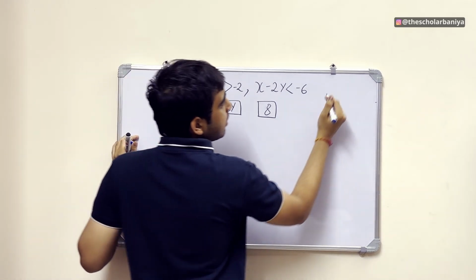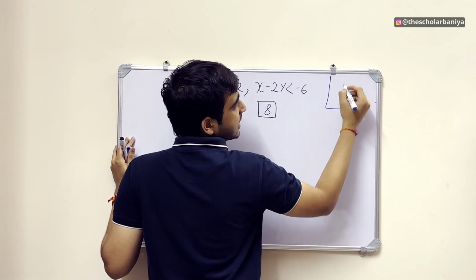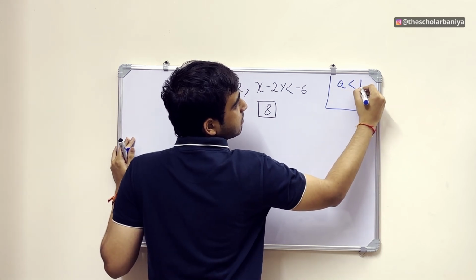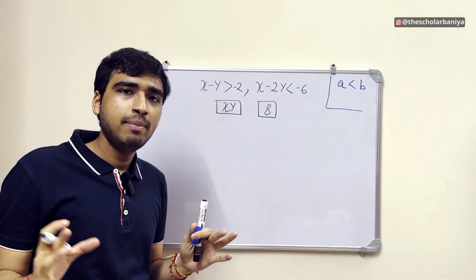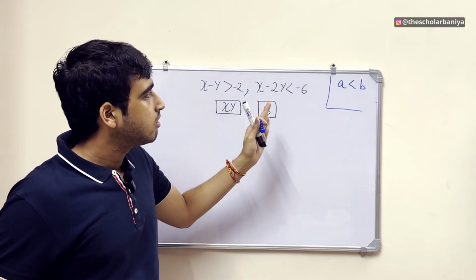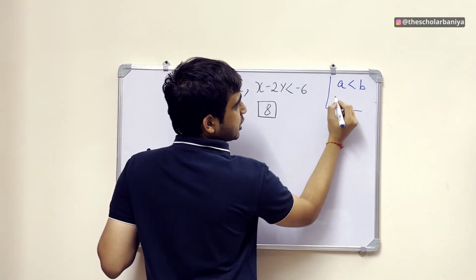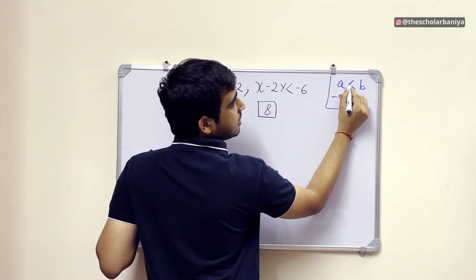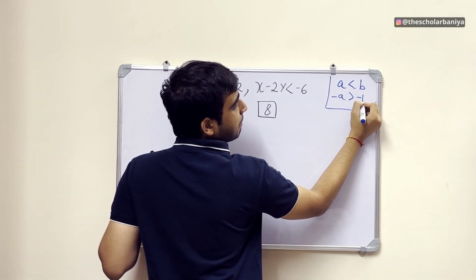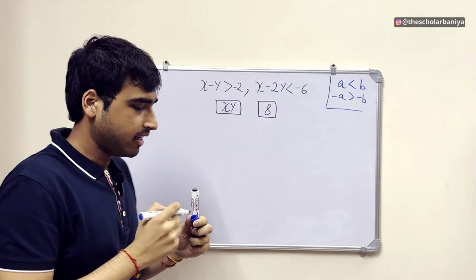For example, if there is an inequality A is less than B, when you multiply it by minus 1, the sign gets changed. So this will become minus A, the sign will become greater than, and this will become minus B. This is the basic thing, right?